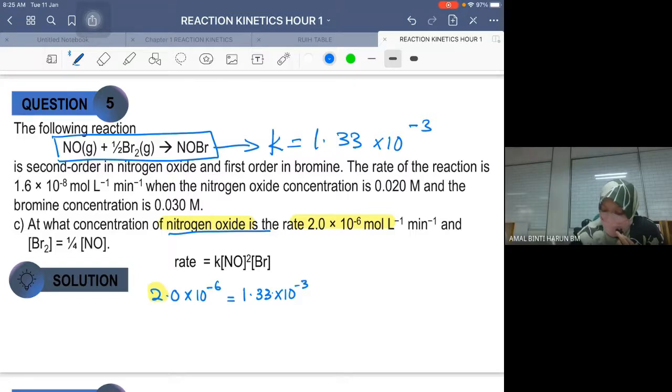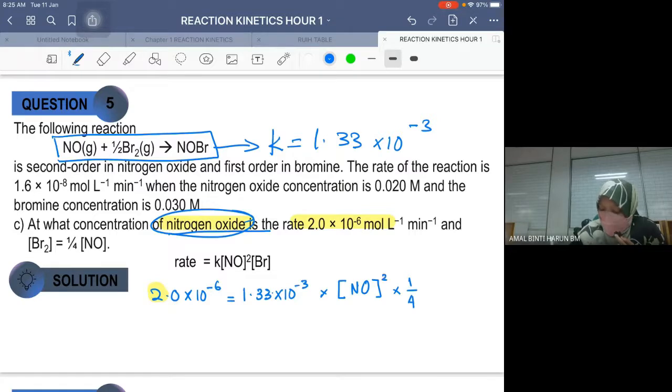Concentration nitrogen oxide is apa tadi? Cari kan? What is the concentration of nitrogen oxide? Nak cari concentration NO, and then times 1/4 concentration.